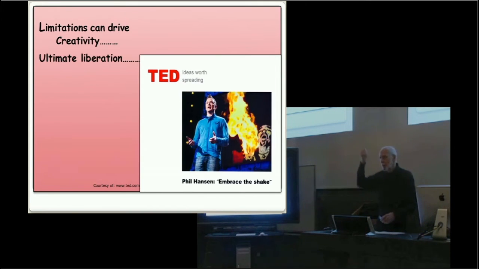So he made this wonderful thought. He said, I need to get back into the box before I really can get out of the box. And I just delighted when I ran into that because it was what I had been thinking as well. So what he did was go back into the box and realize that his shaking arm was not a liability.